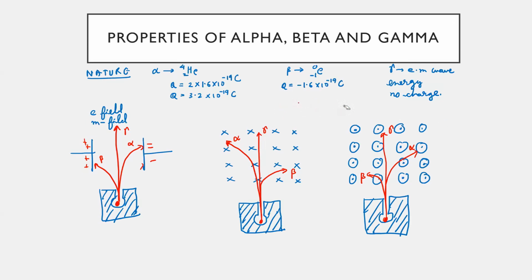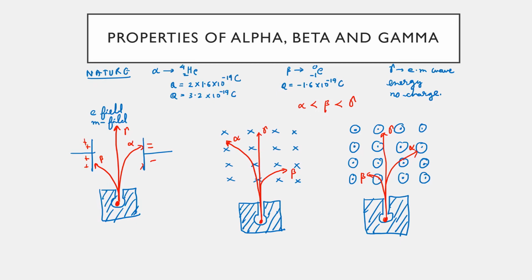The next property is penetrating power. If something traveling on one side is able to come out from the other side, that means it has penetrated. So for penetrating power, alpha is the least, then beta, and then gamma. Gamma can travel a few hundred meters in air. It can pass through metal sheets and concrete walls.